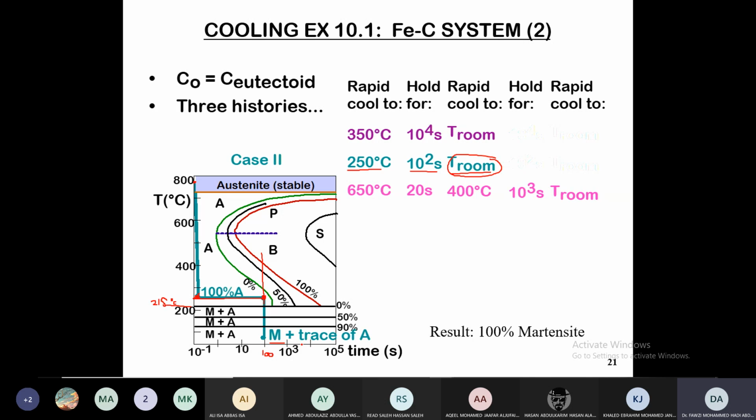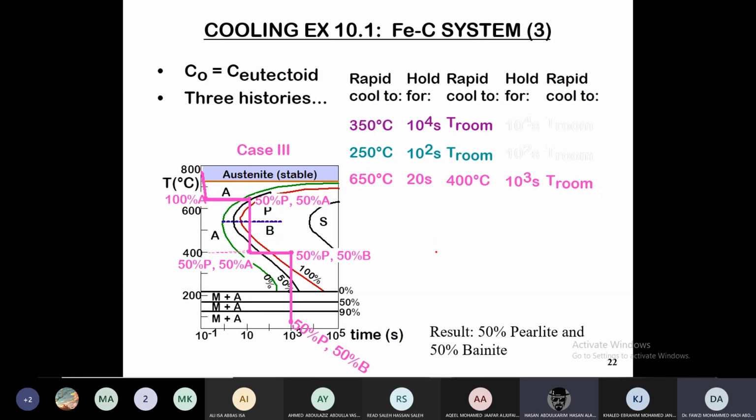But of course, in the formation of the martensite phase, you have traces of austenite also remaining. Very small amount, 1 or 0.5% or 1.5%. So this is the transformation to the martensitic structure by quenching the austenite. Quenching from this area at below 215 degrees centigrade causes the development of martensite.